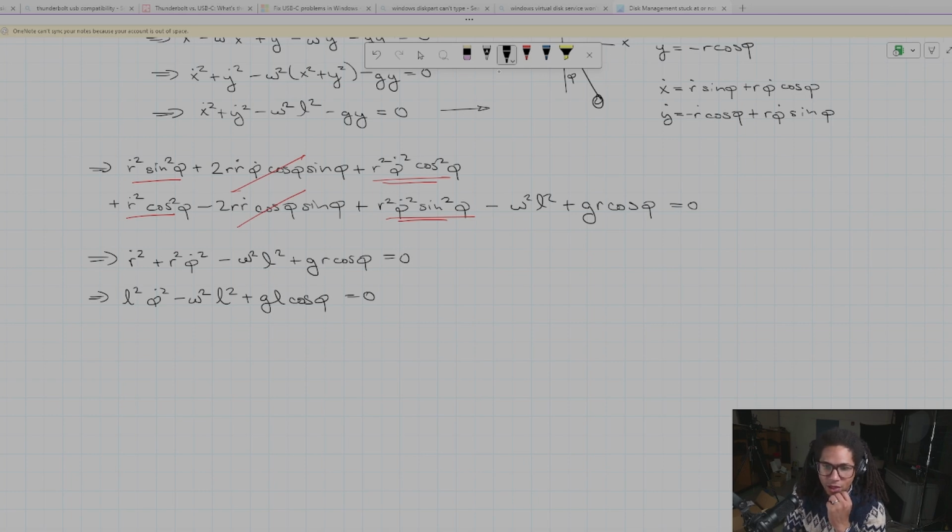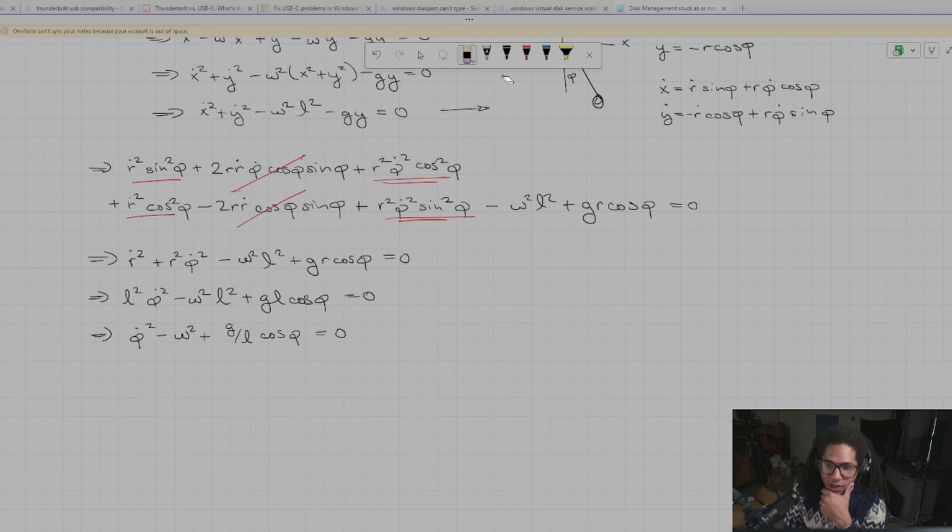Okay, almost done. So now I can cancel one factor of L. In fact, I'm going to just divide by L squared. So I get phi dot squared minus omega squared plus g over L cos phi is equal to 0.